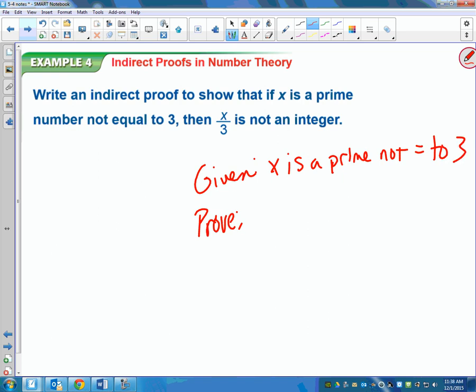And what are we trying to prove? You could try to just keep picking prime numbers and seeing if they work. But there's an infinite amount of prime numbers, so that's not really a good way to go.